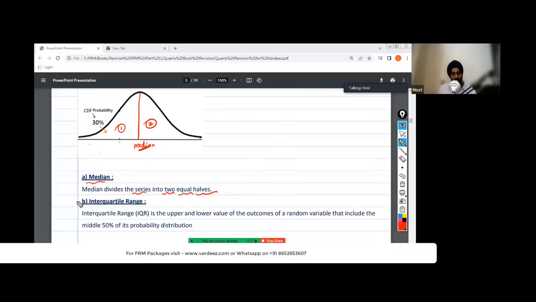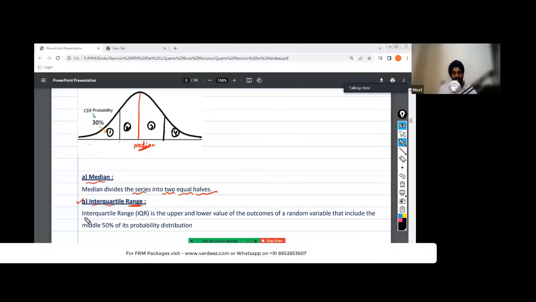What about the interquartile range? As it says, the interquartile range is the difference. Interquartile means you divide the distribution into 4 equal parts. So let's say I can divide this into 4 parts: this is my first, second, third, and this is my fourth part.